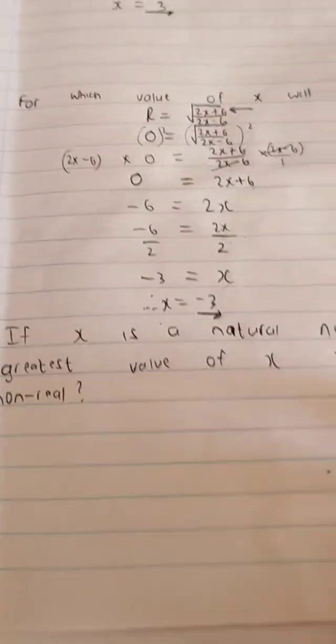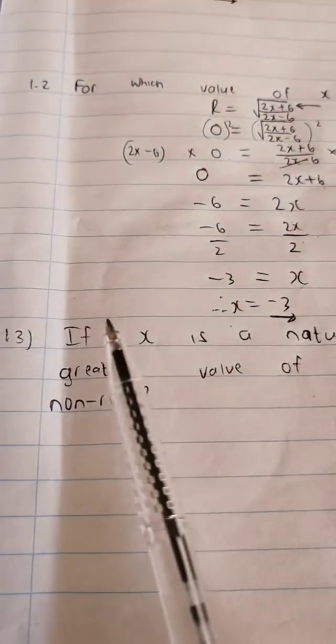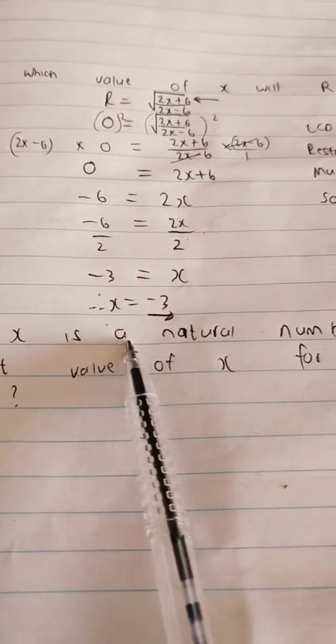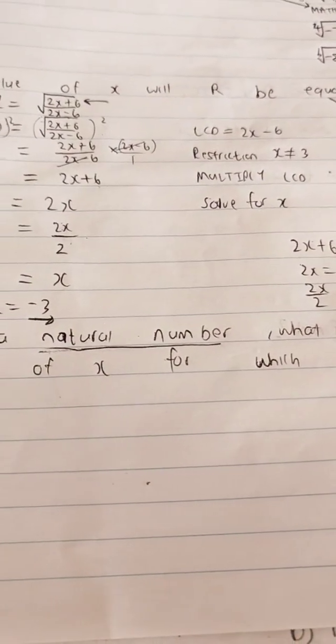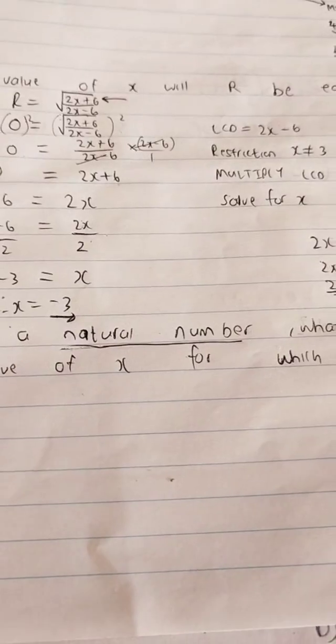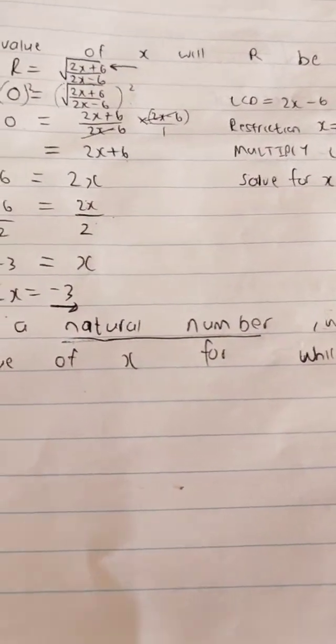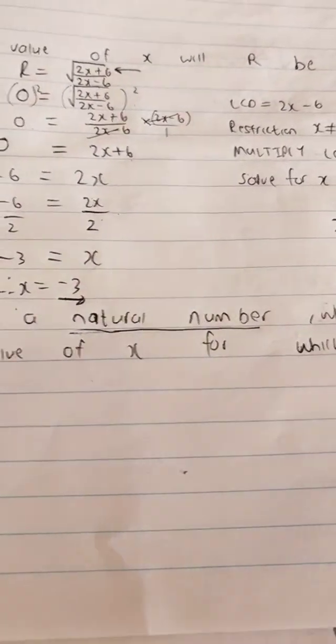Next beautiful question. If x is a natural number, hey, and you guys thought that going to grade 10, you would be fine not remembering your different types of numbers. No, guys, you need to know your different numbers.